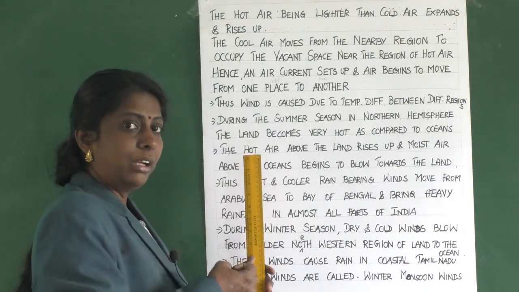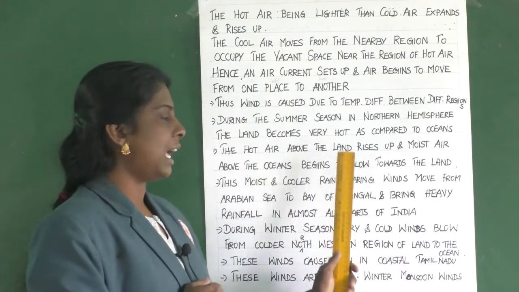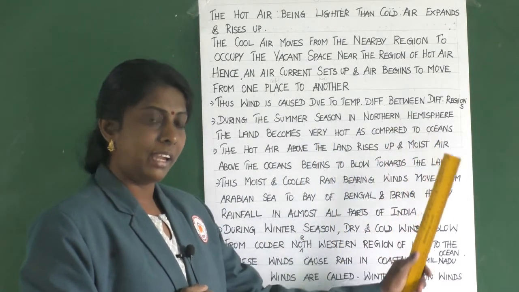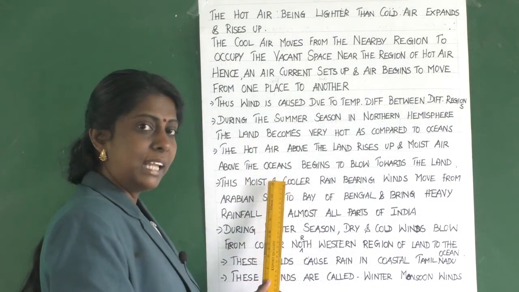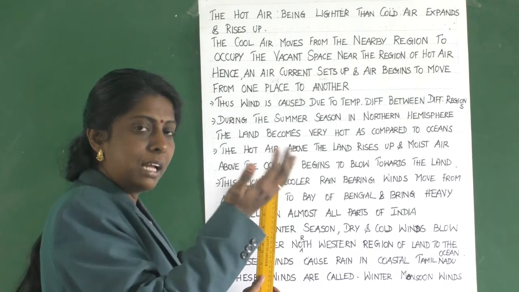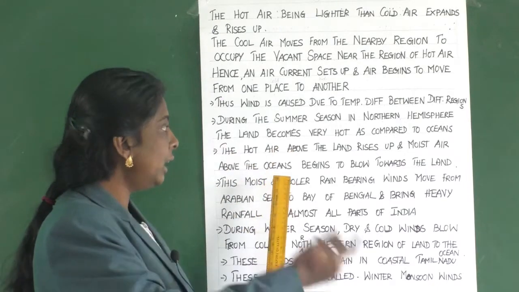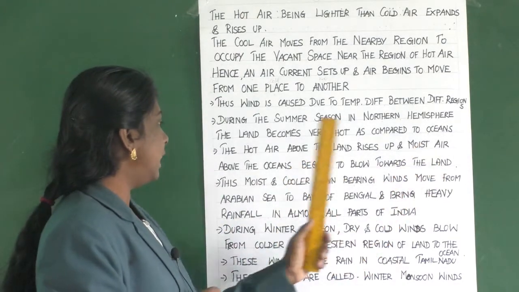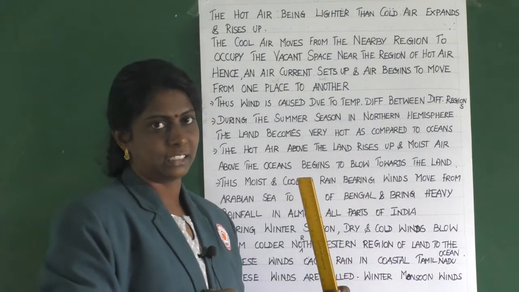The hot air above the land rises up, and the moist air from the oceans will move to above the land. Moist air above the ocean begins to blow towards the land.